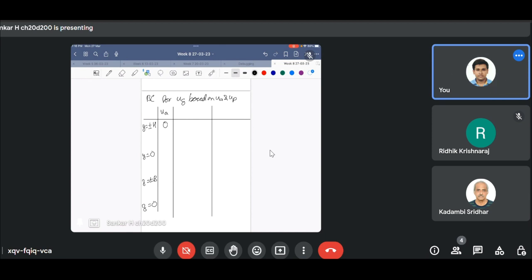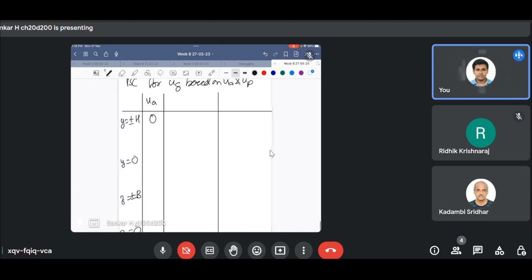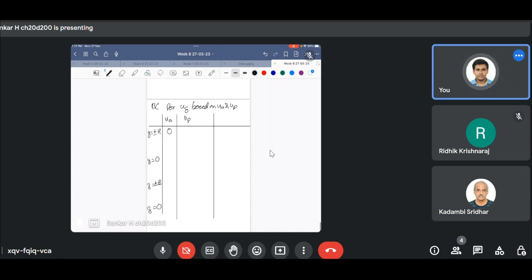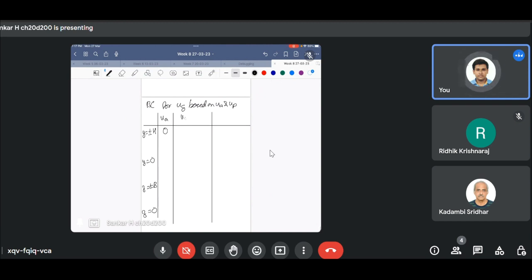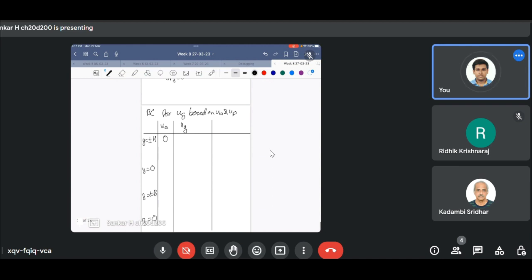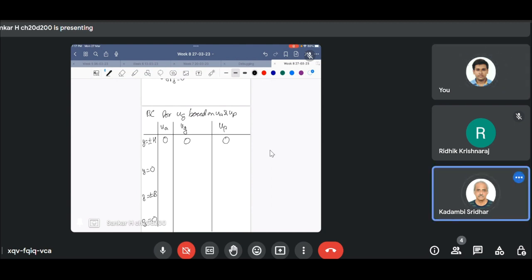So what is the boundary condition for the general solution at y equal to plus or minus h? Same. Therefore, the boundary condition for the particular solution will be the boundary condition for the actual solution minus the boundary condition for the general solution, which will in fact be 0.